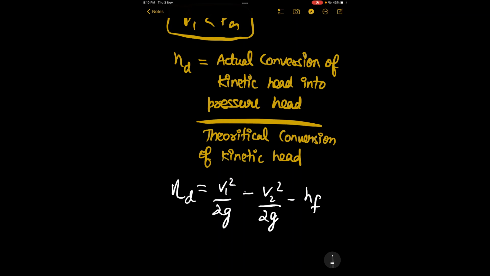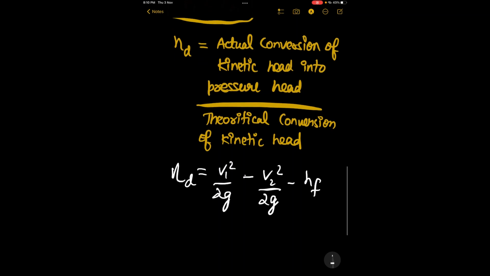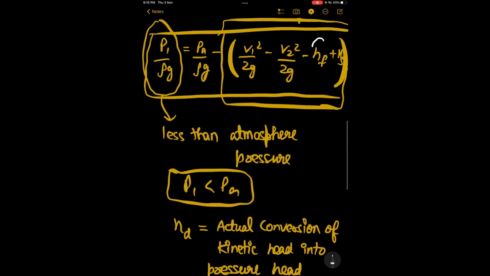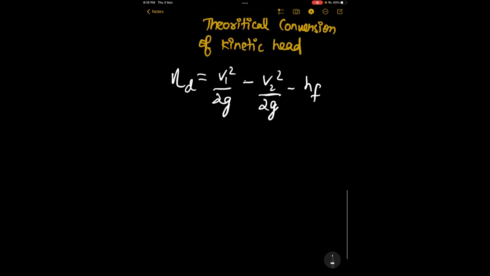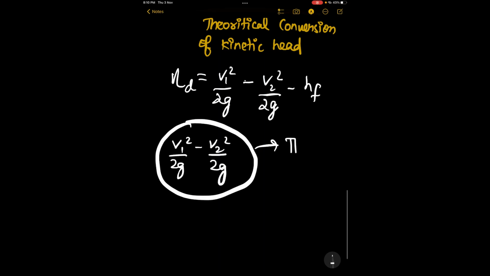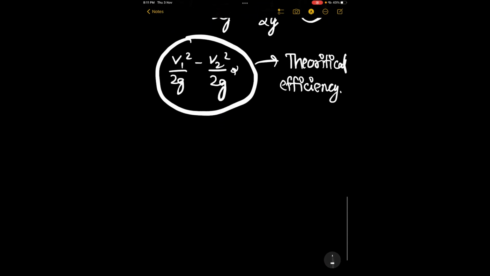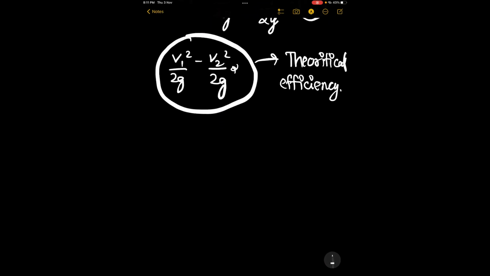The theoretical would have no friction losses, so you will have v1 square by 2g minus v2 square by 2g, because we are neglecting friction here. This is actual. And I hope you have understood the mathematics behind the draft tube.